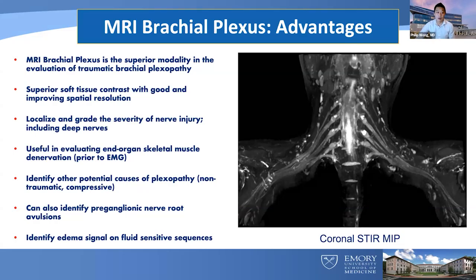Identify other potential causes of plexopathy, including non-traumatic or compressive. A key one is also identifying preganglionic nerve root avulsions and identifying edema signal on the fluid sensitive sequence. And this is one of our sequences here, the coronal STIR MIP that I pulled up, just to show you how nicely you can look at the plexus and at the symmetry or asymmetry of it on both sides.